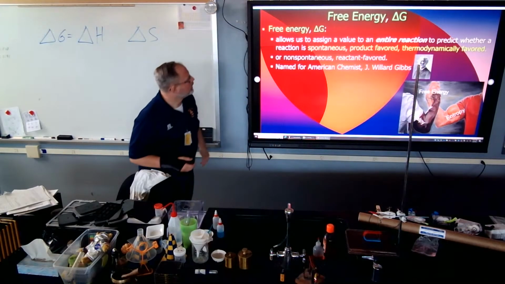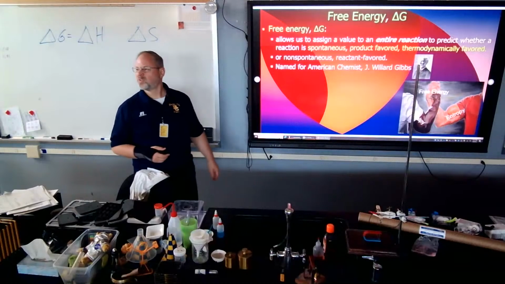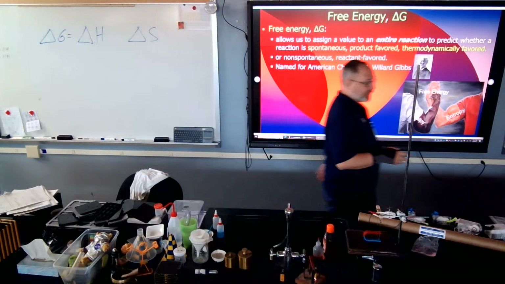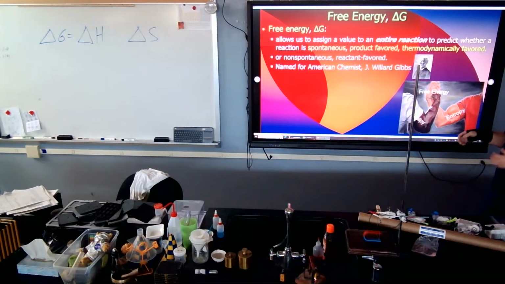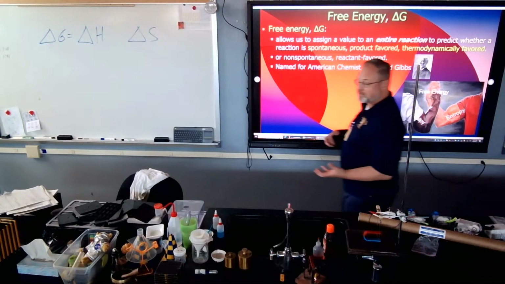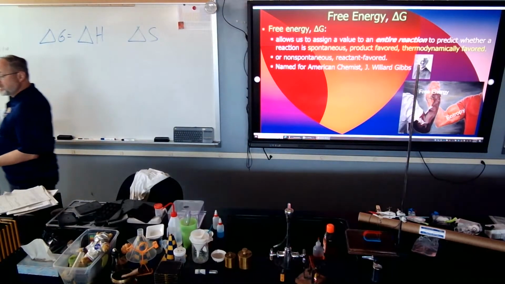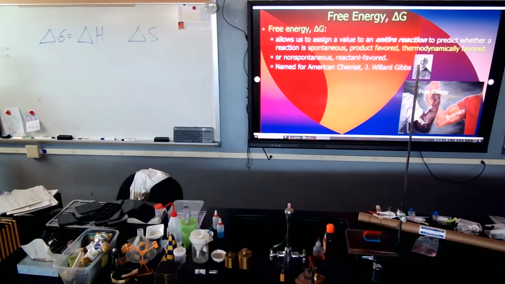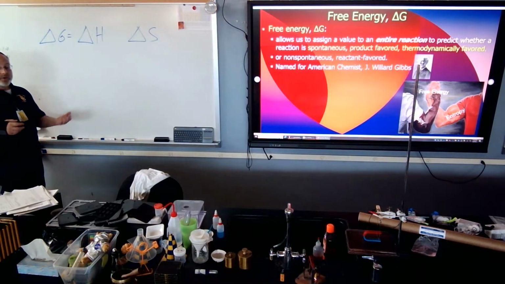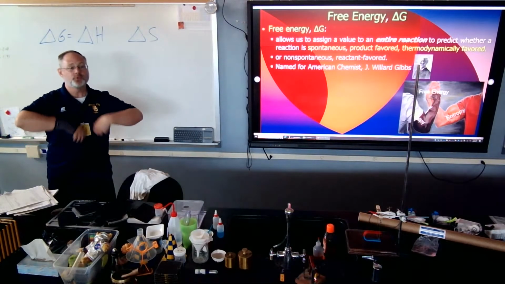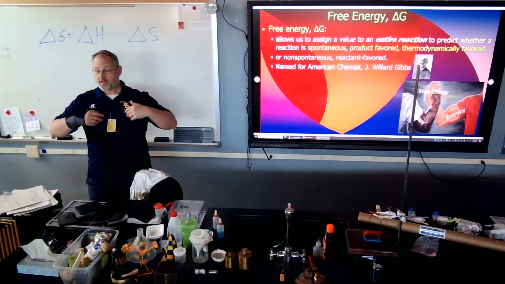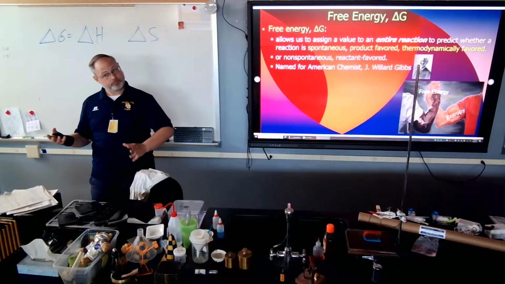Free energy is delta G, also called Gibbs free energy. And it basically says if you have a spontaneous or thermodynamically favored enthalpy, and you have a thermodynamically favored entropy, your system will release useful work that we, the surroundings, can use.